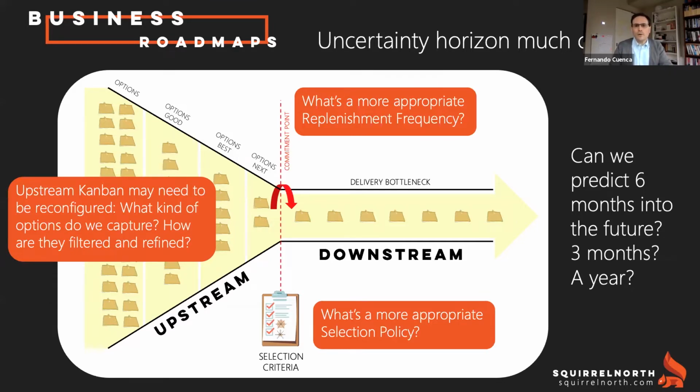Now, today, we have an uncertainty horizon that is definitely much closer. Things are changing by the day. It's very difficult to know what's going to happen next week, let alone the next 3 months or 6 months. So it's certainly the case that the downstream delivery portion needs to be much faster and more predictable than it was before.